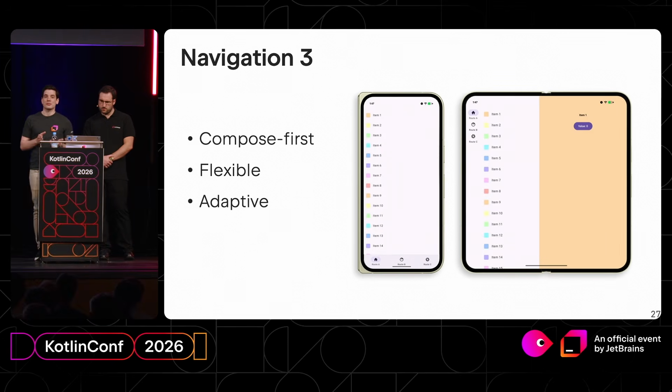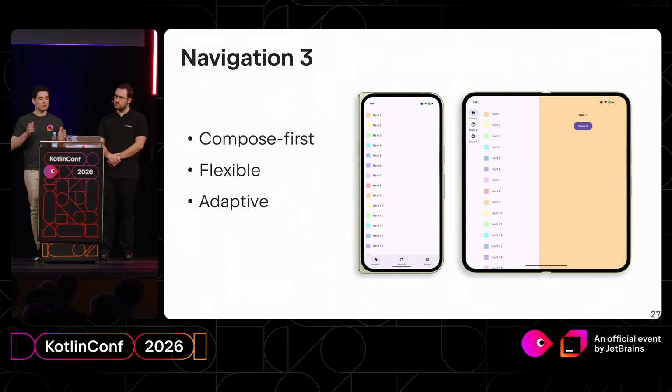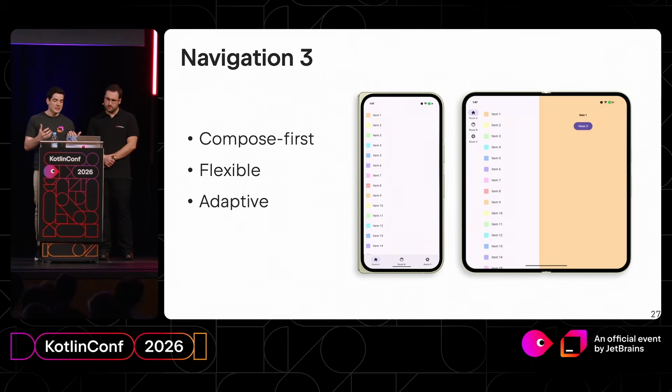It's also designed to be adaptive from the start. So if you're designing for screens that might change as the user is doing interesting things with their device, or if you're just designing for phones, tablets, web, desktop, for example, then you already have APIs like the scene APIs built in that help you arrange UI in different ways for different screen sizes.